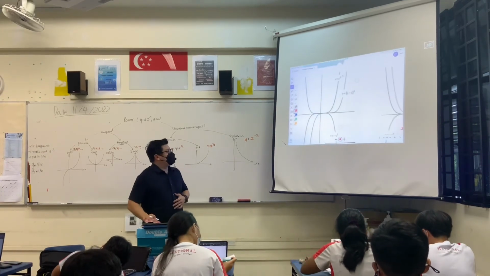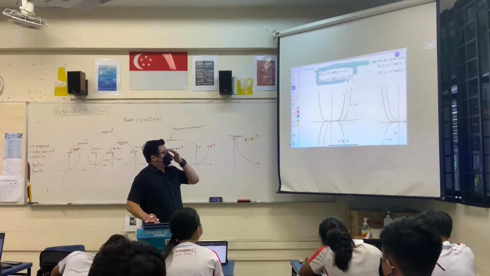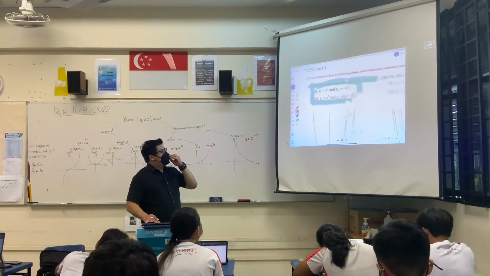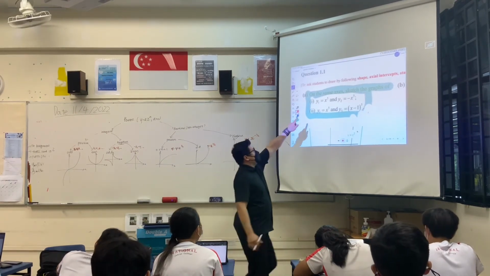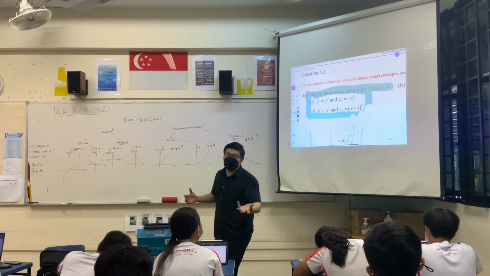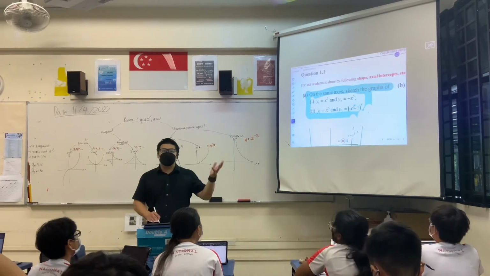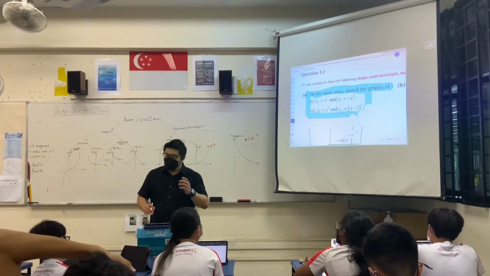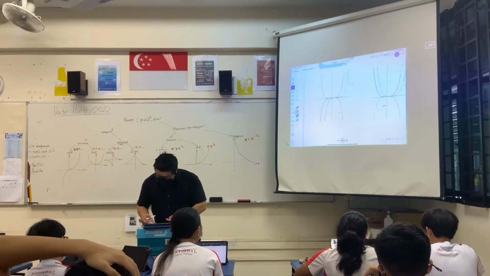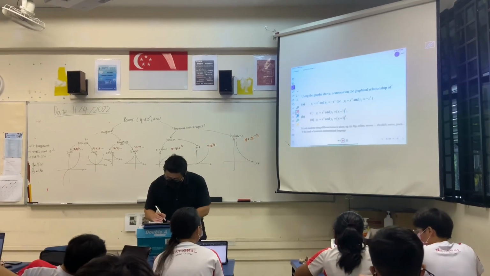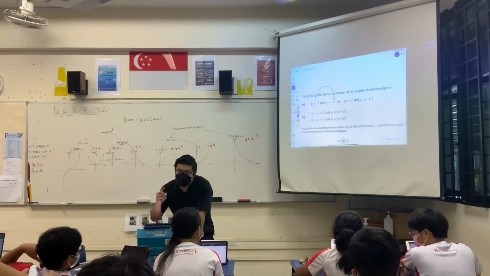Some of you are asking about this function, x to the power 5 and negative x to the power 5. What do you notice about these two graphs? How are they related? They are a reflection about the y-axis. It's good for you to know this because it's going to help you with the next part.